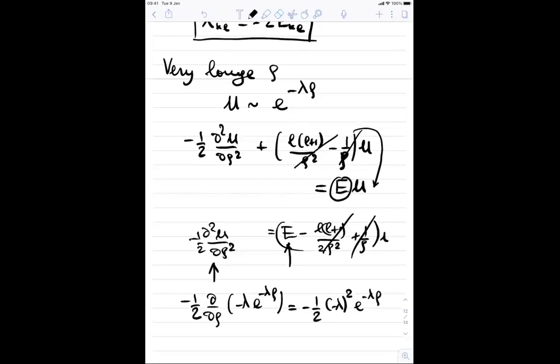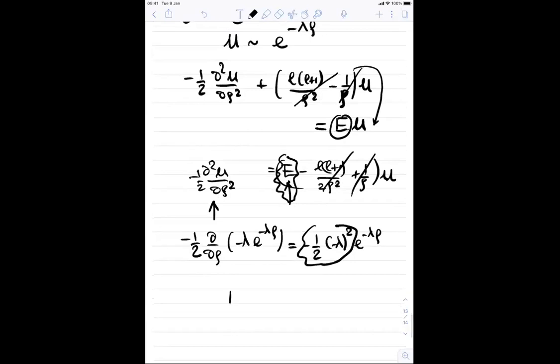So you see that in order for the two objects to match, the energy and this object here should be precisely the same. So the energy of the bound state should in fact be minus 1/2 of the parameter lambda squared.